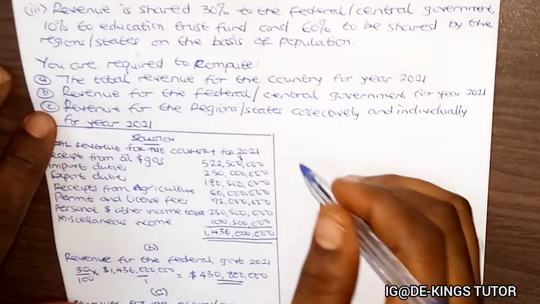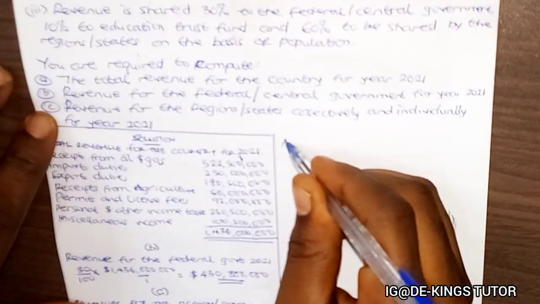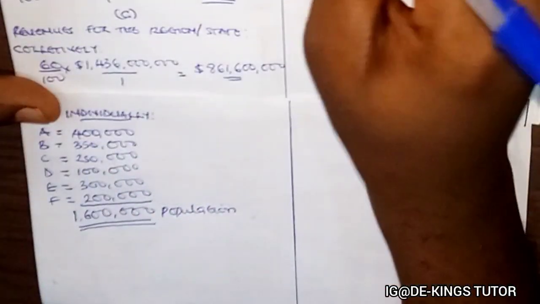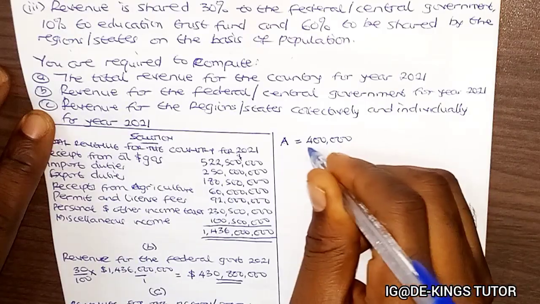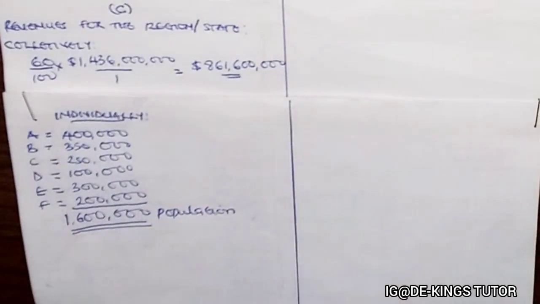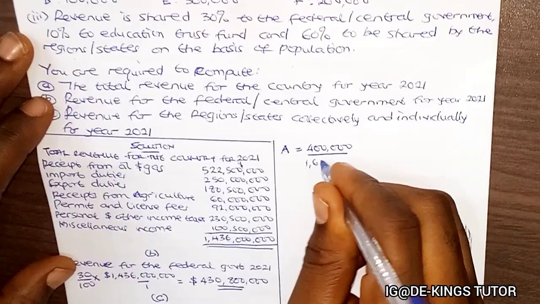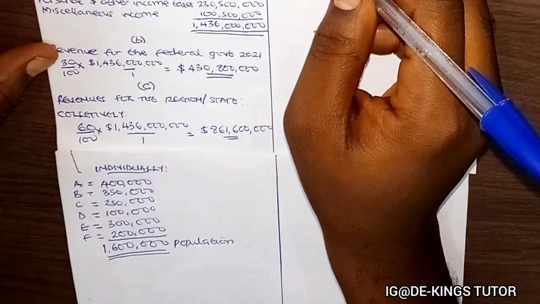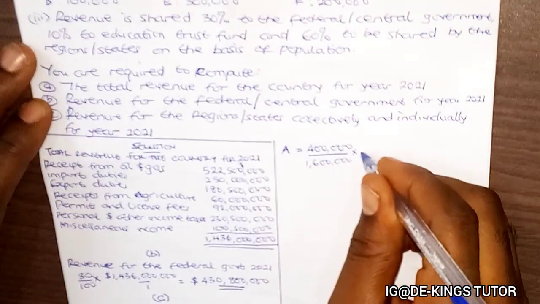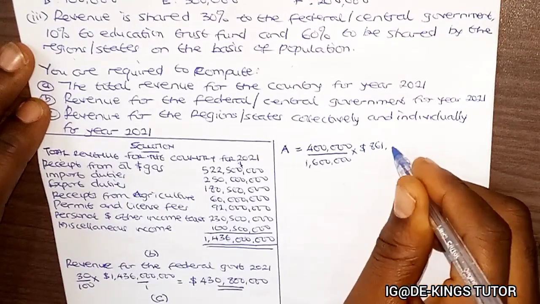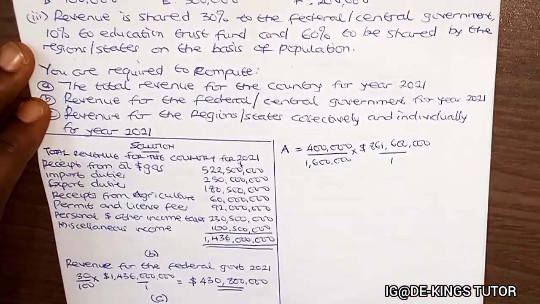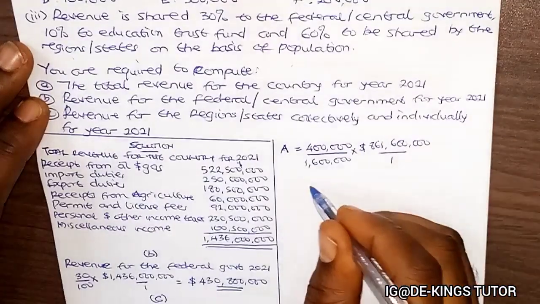For A, the population is 400,000 divided by the total population of 1,600,000 people times the amount to be shared collectively, 861,600,000.